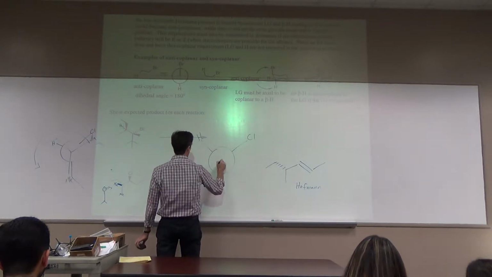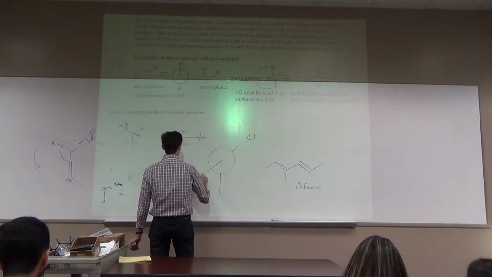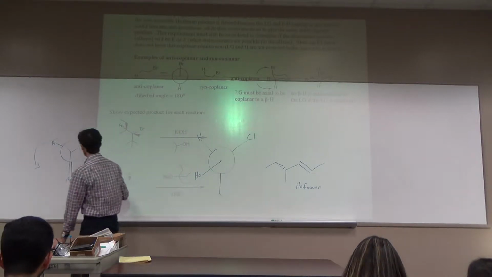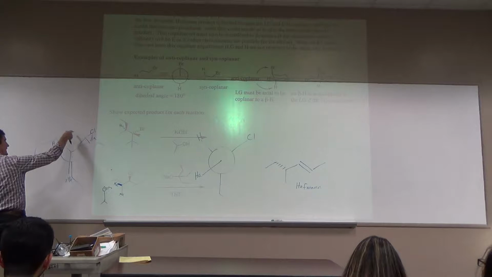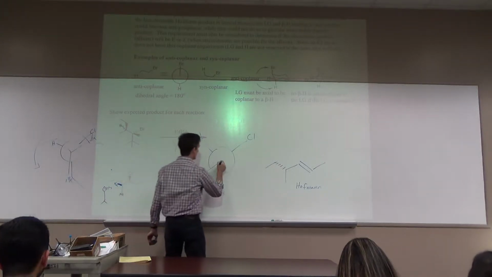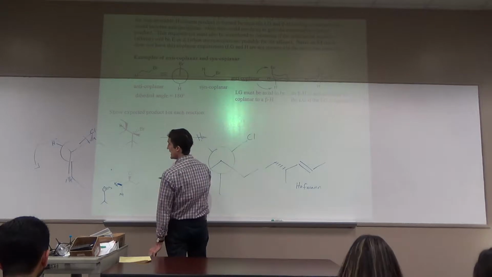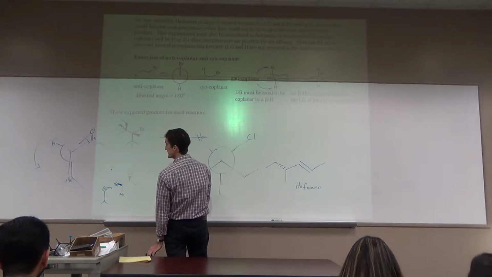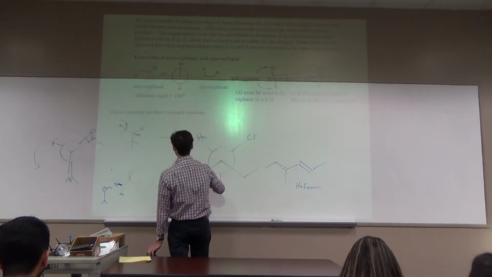Front now, the HA is here. Everything's rotating 180, so that means the ethyl is going to go here. And what else is on the front? A methyl is going to go straight up.